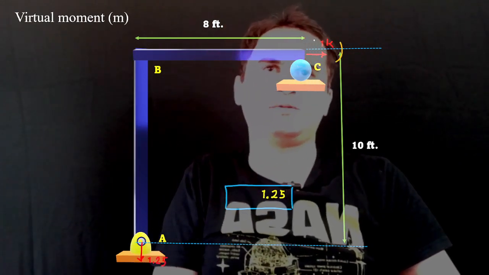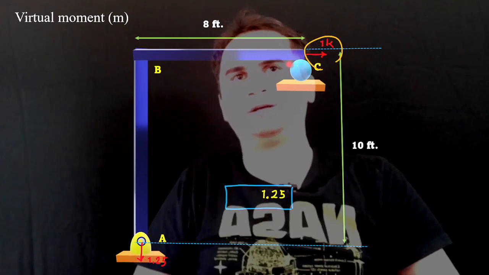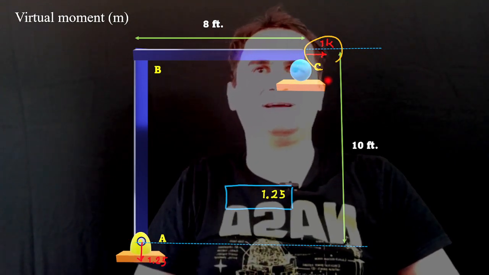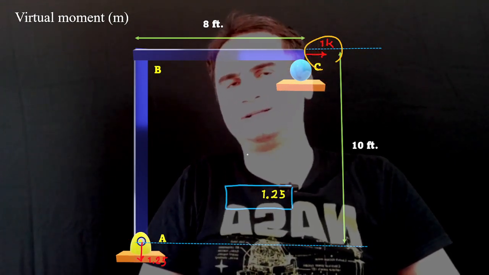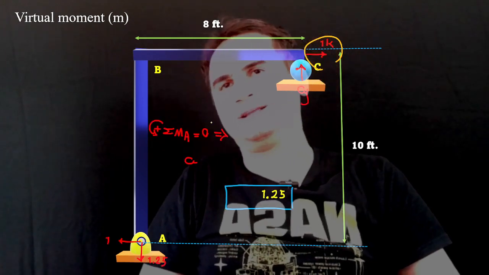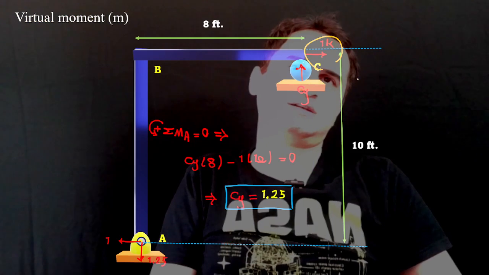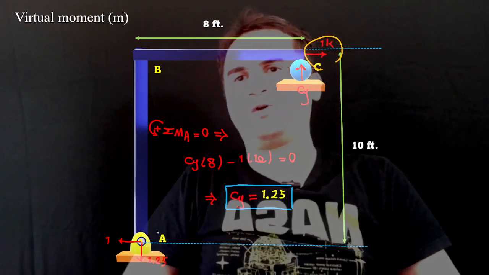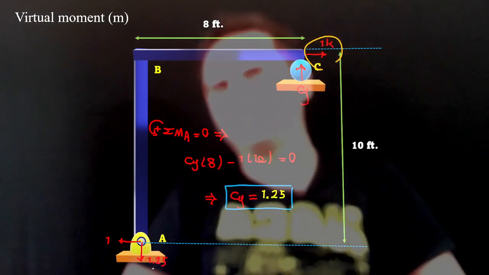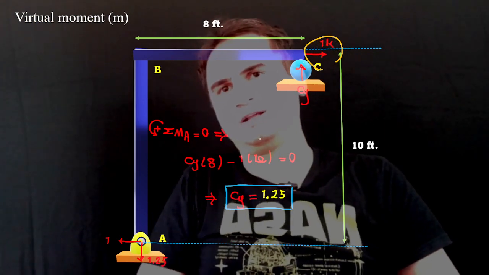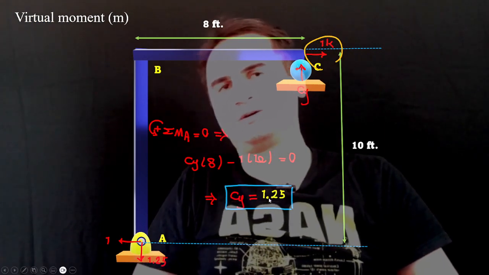It is the same applying a 1 kilonewton load at this ball, at support C. Then the summation of moment about A gives us Cy of 1.25 upward, Ay of 1.25 downward, and the 1 kilonewton should be cancelled out by Ax over here.